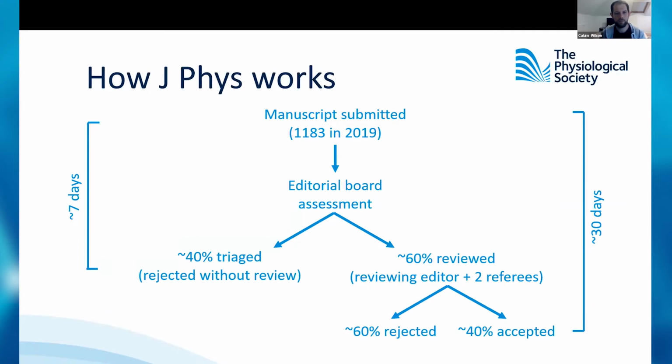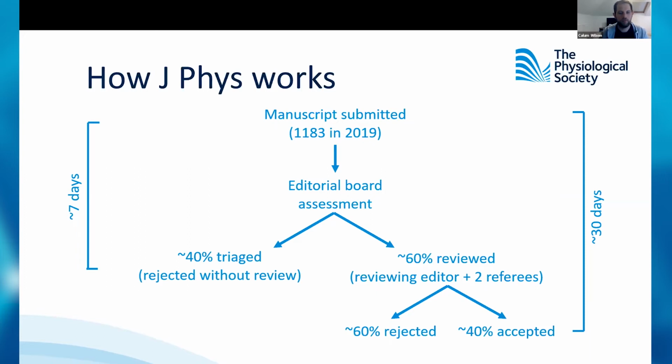And of these papers, every single one of them is given to the editorial board to scrutinise. And after this scrutiny, about 40% of these papers are triaged, which Sally explained earlier. That's when a paper is rejected by the editors without peer review, and it's sometimes also known as a desk rejection. But this happens when a paper isn't sufficiently rigorous for the journal, or perhaps if it falls outwith the scope of the journal.